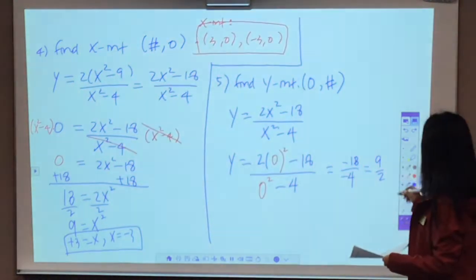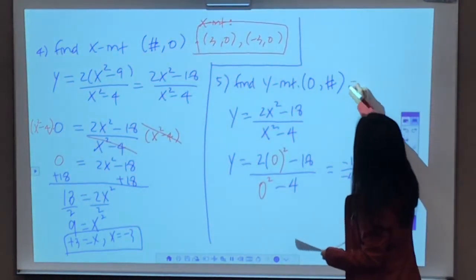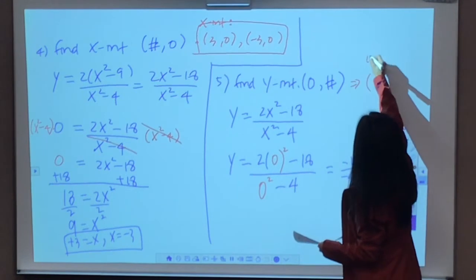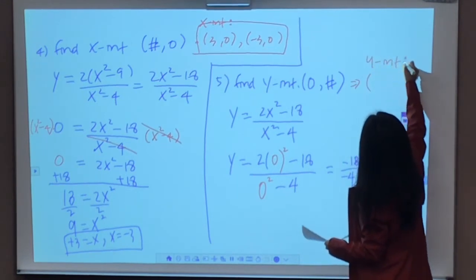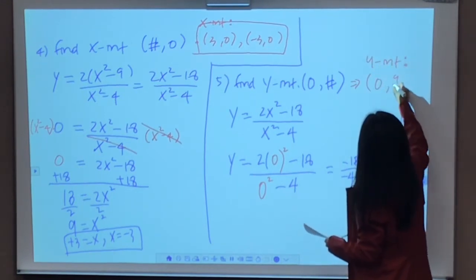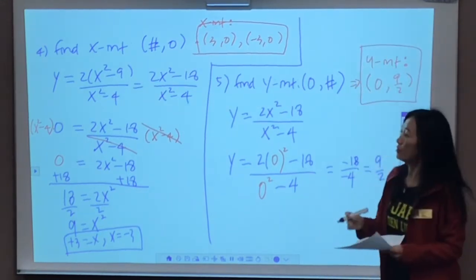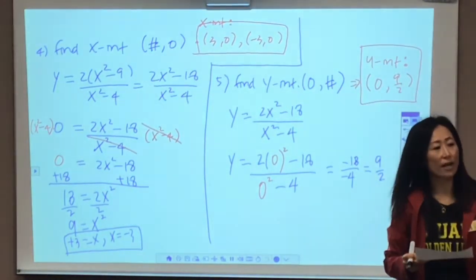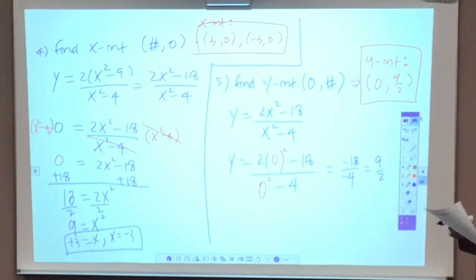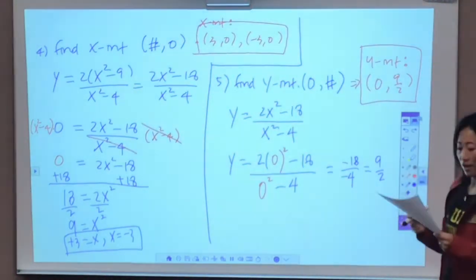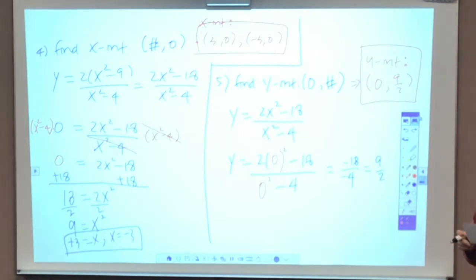Is everybody with me? So my solution is 0, 9 over 2. Put boxes around so I know which one is your final answer. Okay, so I got number 4, number 5. Is everybody with me? Can I have a second?